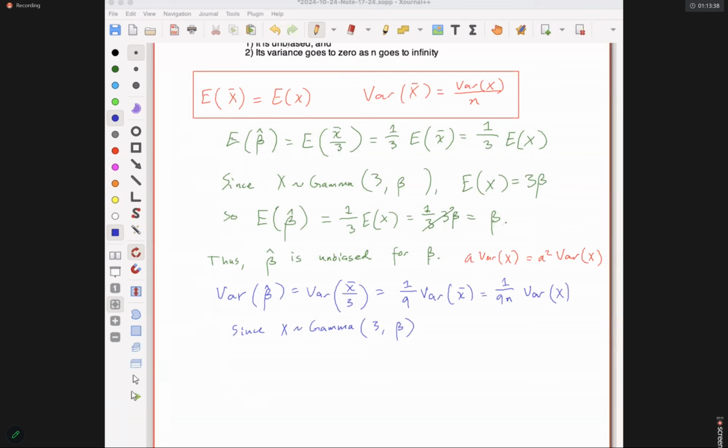Look at your table for this. So we can get this from the table. Alpha beta squared. And what is that in this case?